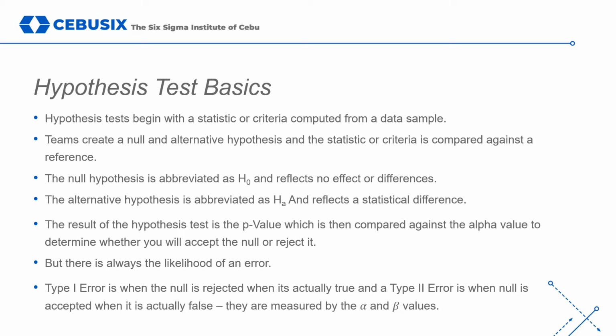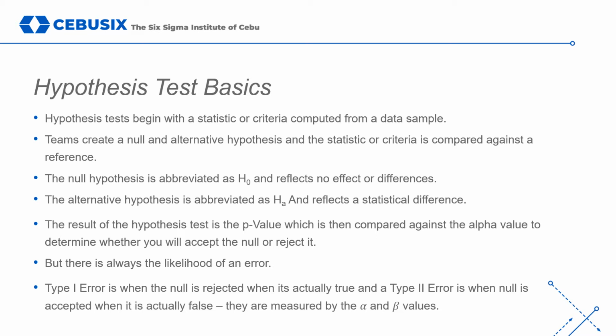First, you begin with a statistic or criteria that you usually compute from your sample data. Then you create a null hypothesis and an alternative hypothesis, in keeping with the type of test you are dealing with. The null hypothesis is that the two data sets are equal, and it represents that there is no change. The alternative hypothesis indicates that there was a change between the data sets.